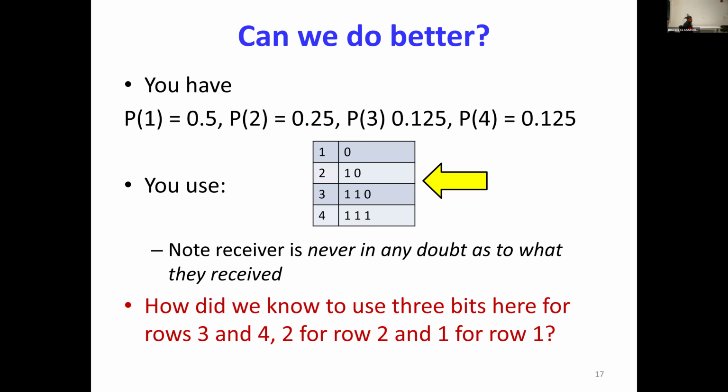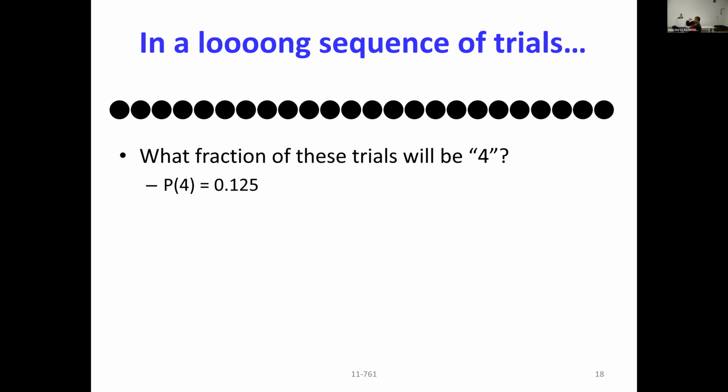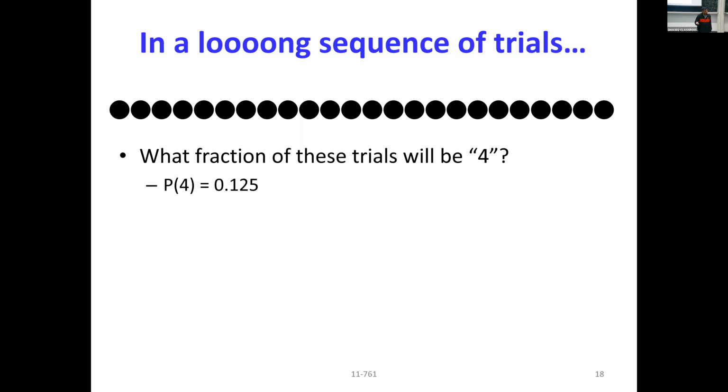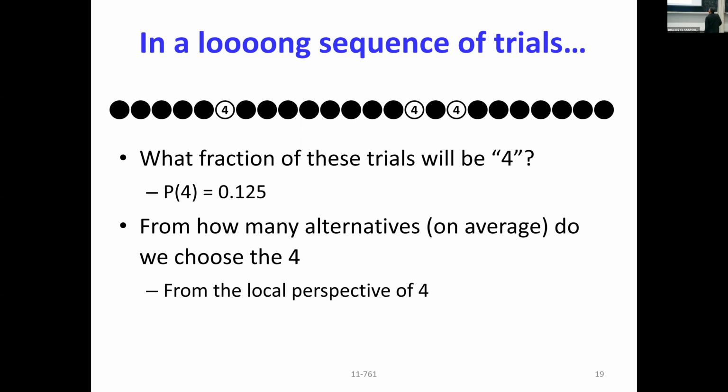Fantastic, right? So here's what it is. If I just had a long sequence of trials, infinite trials, what fraction of these trials is going to be 4? 1/4 of those guys, correct? Now, from the perspective of the 4, it's occurring 1/4 of the time.